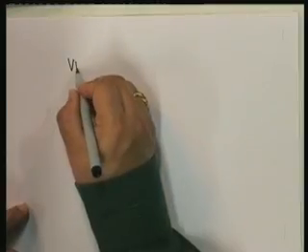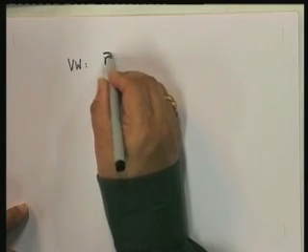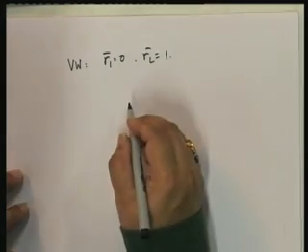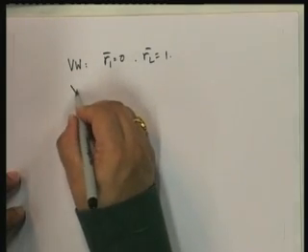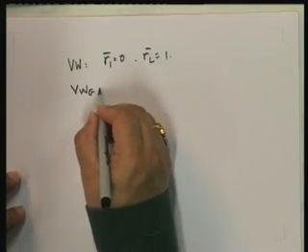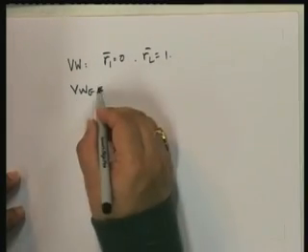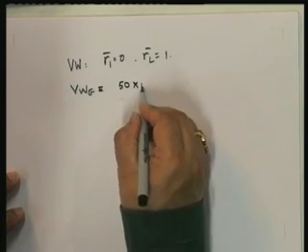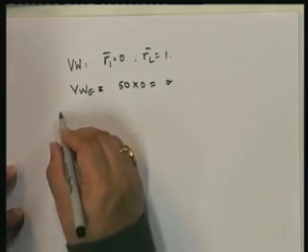The second virtual work equation is R1 equal to 0 and R2 equal to 1. This will give me an independent equation. What is the external virtual work done? Since that point does not displace, it is equal to 50 into 0, which is 0.